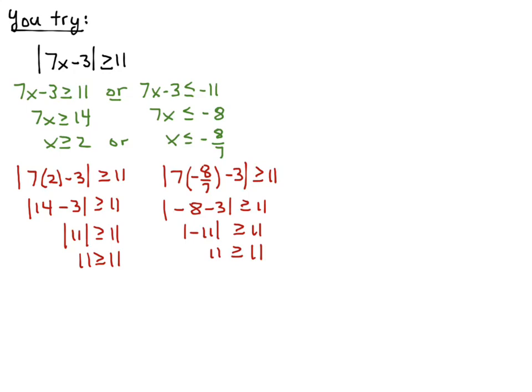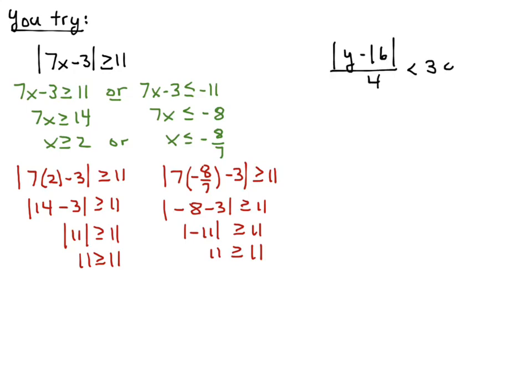So instead of 7 times 2, it would be 7 times 3 minus 3, which would be 21 minus 3 is 18. Absolute value of 18 is 18. So we have 18 is greater than or equal to 11. So you can test it that way, especially when you have the equality. Sometimes it will tell you that you have the boundary right, but it doesn't tell you if you have the region right. So choose something that is perhaps not the exact number, but something that certainly is within the interval that we're looking at.